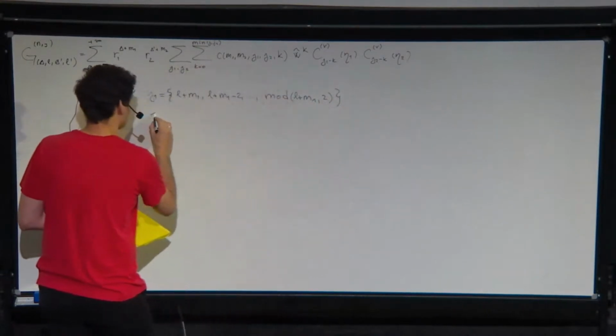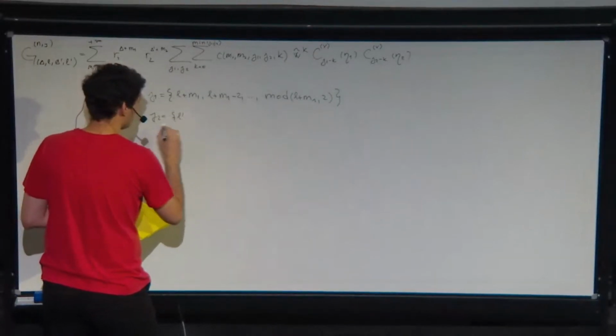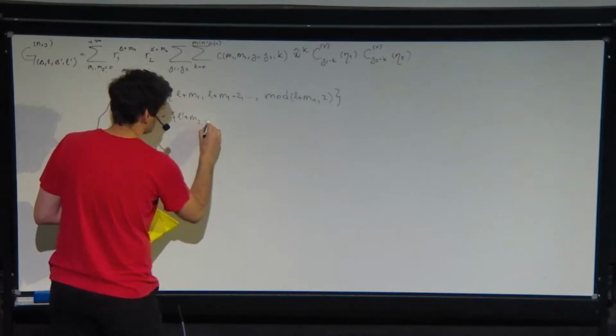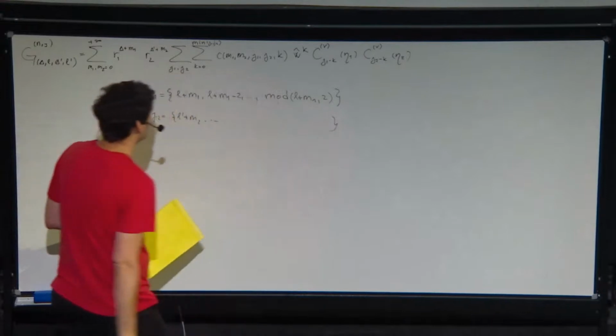And a similar expression you can write for J2, using L prime and M2, and everything else is exactly the same.